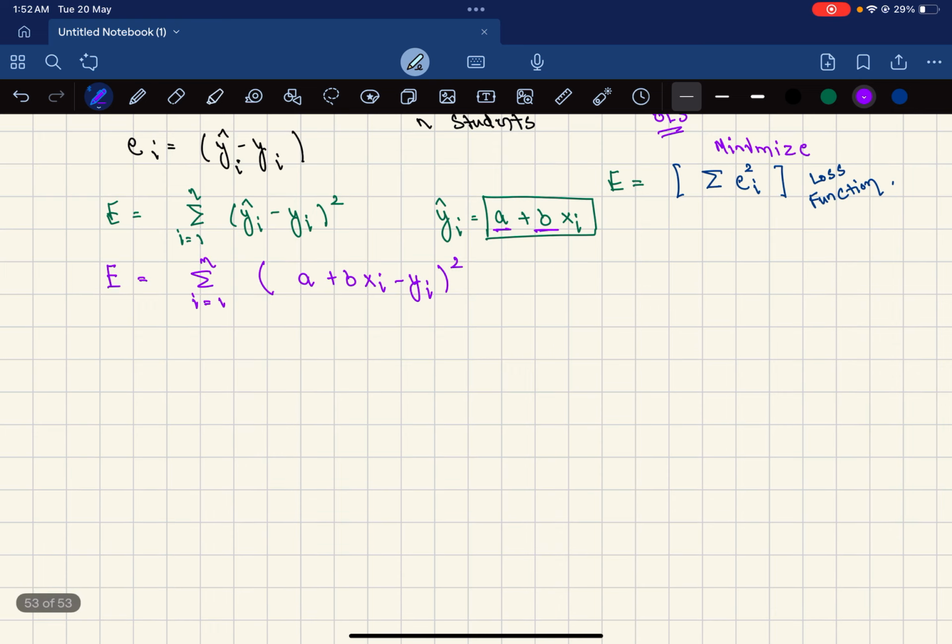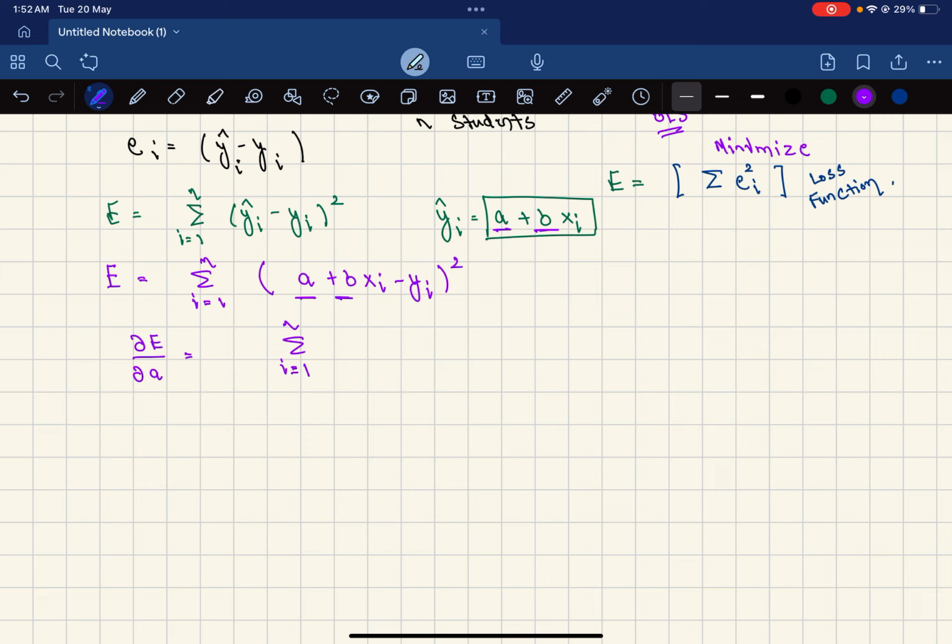Now, since we have to minimize this, it is when we can use our knowledge of partial derivatives. So we have two parameters here. We find the partial derivative of this error term with respect to each one of these parameters. So let us first do that. Del E upon del a is summation, i equal to 1 to n.